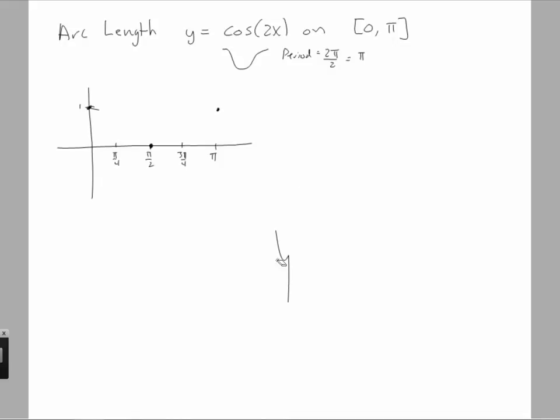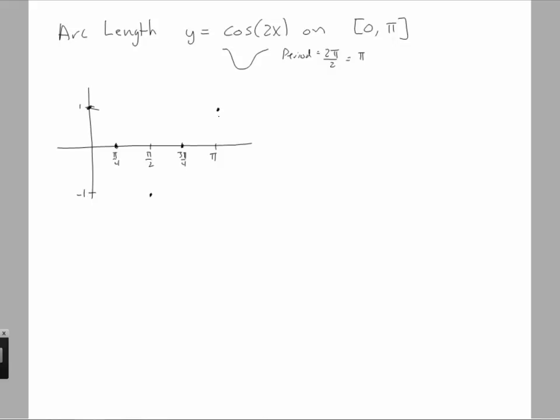So let's plug in pi over 4 to see what's going on. Pi over 4, 2 goes into 4 twice, so the cosine of pi over 2 is 0. Whoops, I put my point in the wrong spot. It's going to cross here and here. If I plug in pi, the cosine of 2 pi is 1.